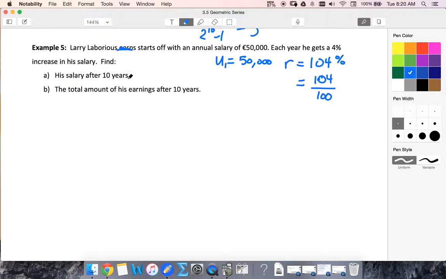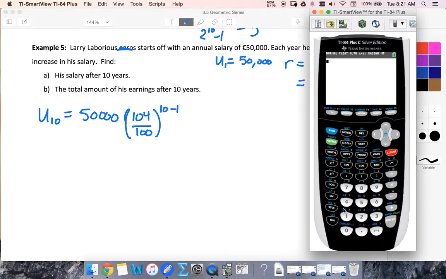So his salary after 10 years, I just want to know the number. So that's U10 is going to be U1 times 104 over 100 raised to the 10 minus 1 power.